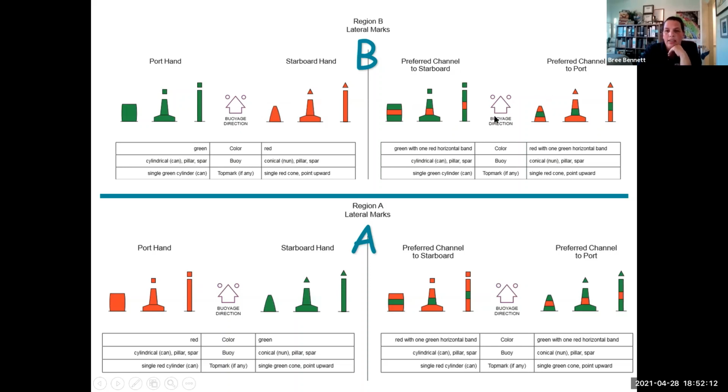And I will talk about the preferred markers when I get to that chart. But if you look here for the IALA A, the shapes, you have your square for the port and pointy or triangle for your starboard or right hand side. Those shapes are still the same. It's just the color that's opposite. So it's only the color that's opposite for the different regions.